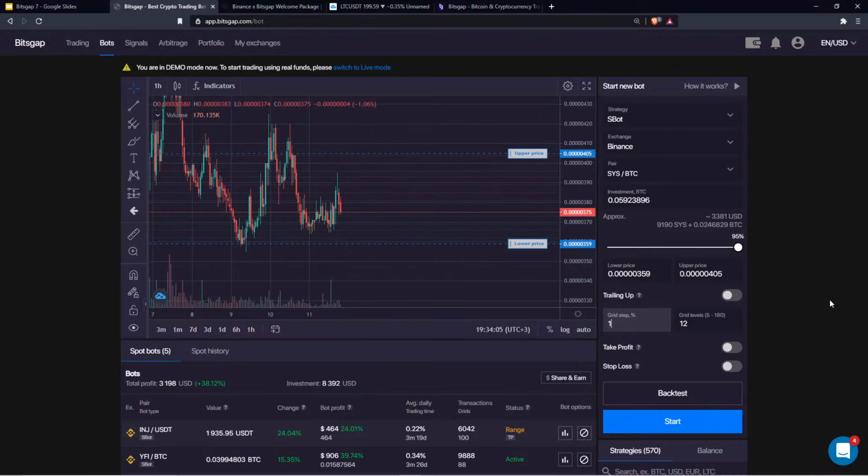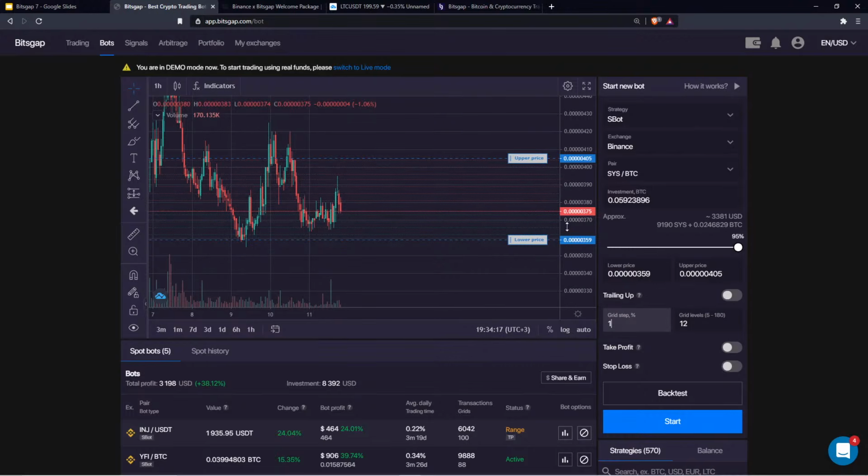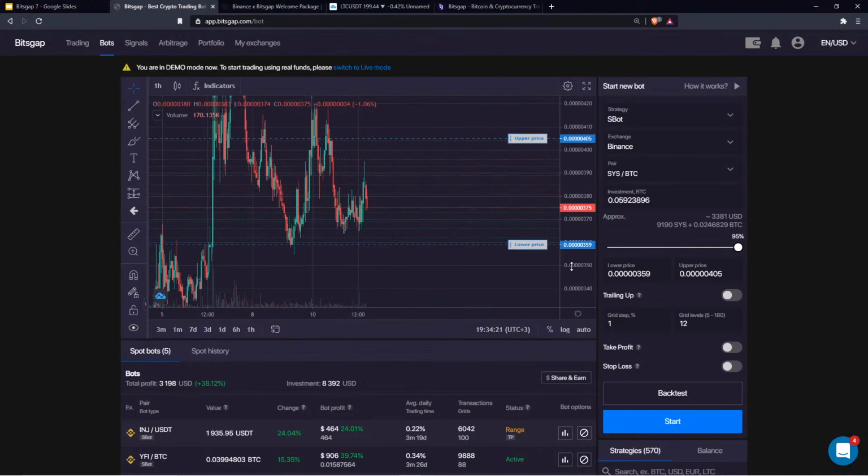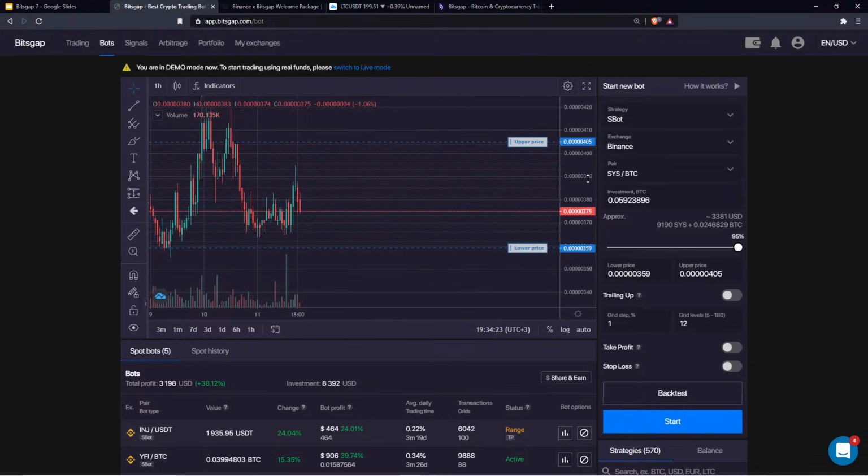So if you want to have your marginal return to be, let's say, 1%, then just plot 1% here and it will automatically adjust the amount of grid levels, which exactly corresponds to the marginal return of 1%, okay? So each trade will bring you 1% of the return in this case.